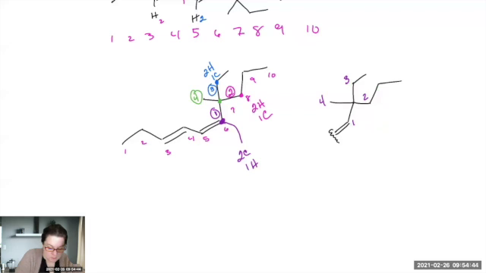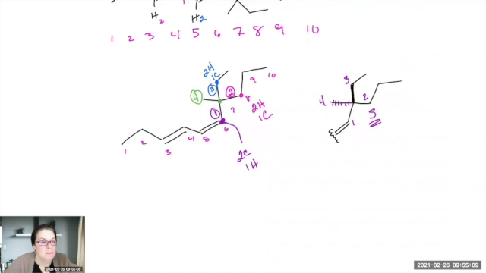If I assume that number 4 is in the back, that tells me I have normal rules applying, and that would mean that my wedged number 3 would lead to 1 to 2 to 3, which is stereochemistry, absolute configuration S.